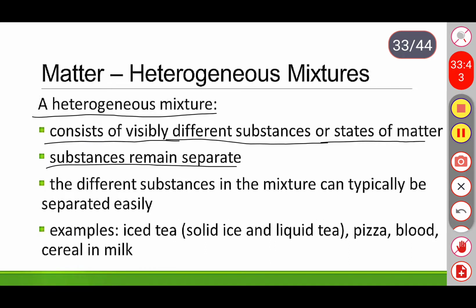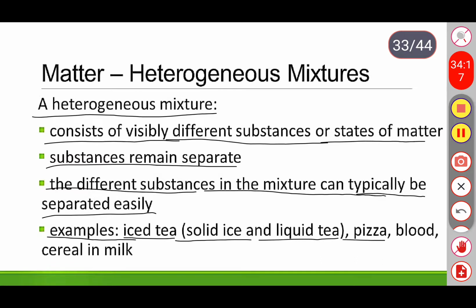The different substances in the mixture can typically be separated easily by using some processes. Next, some examples are given here: iced tea, solid ice and liquid tea, pizza, blood, cereals in milk. So these are some examples of heterogeneous mixtures.